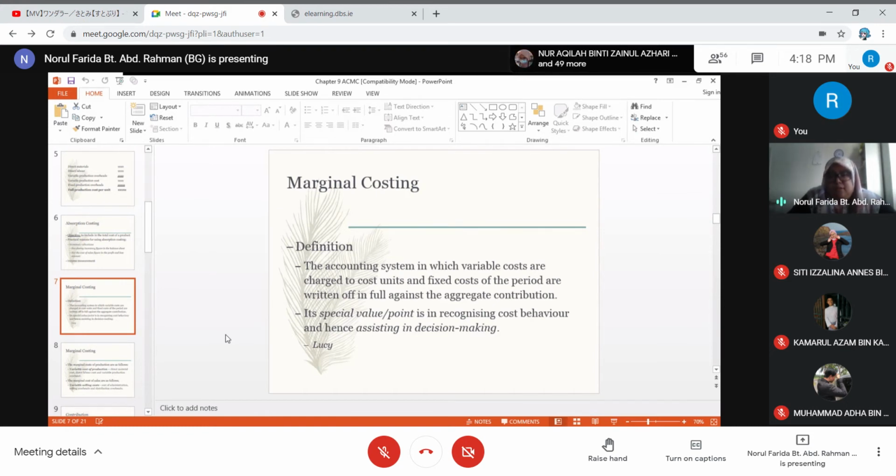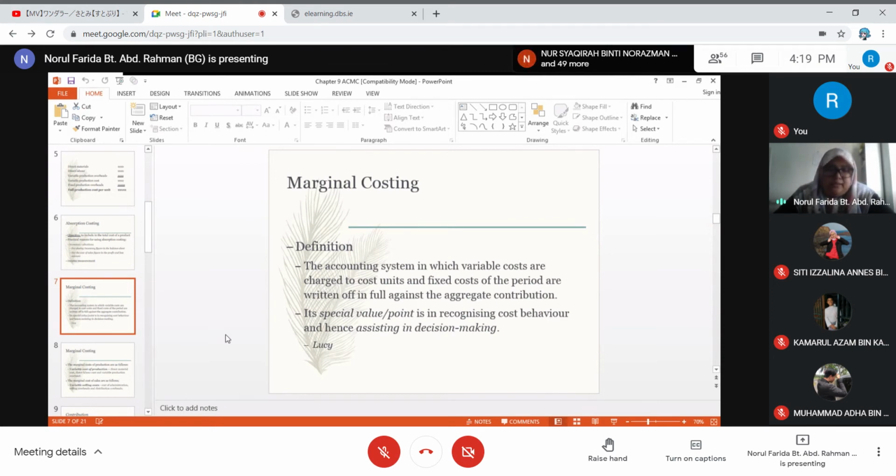And the fixed costs are treated as period cost. Where you know, kalau kita cakap sebagai period cost, that cost akan ditolak, okay, or be written off in full against the aggregate contribution. Maksudnya untuk that period, you akan tolak the total period cost for that period. Kemudian, however, the variable cost you need to charge for the you punya product.